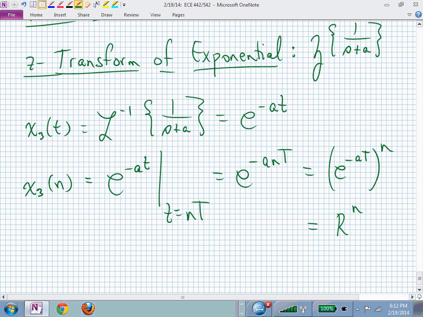Once somebody gives us an a, once we've picked the sample period, capital T, we can now compute a number, r, and all we're doing is raising that r to the nth power. Meaning, some of the tables you might have keep continuing to have e to the minus a capital T, but you could just think of that always as r, or the radial distance away from the origin in the z-plane is another way of thinking of that.